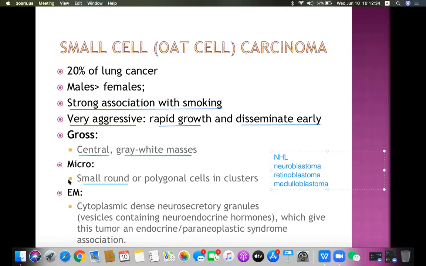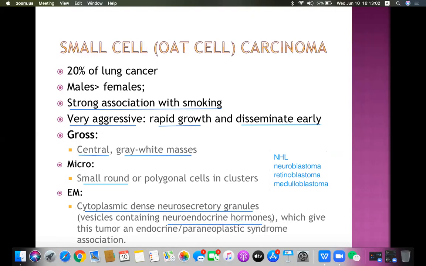Now, what we see in electron microscopy gives us a very important idea why this malignancy is very important from a clinical point of view. See here, there are cytoplasmic granules, which are neurosecretory granules, and they secrete a lot of neuroendocrine hormone.